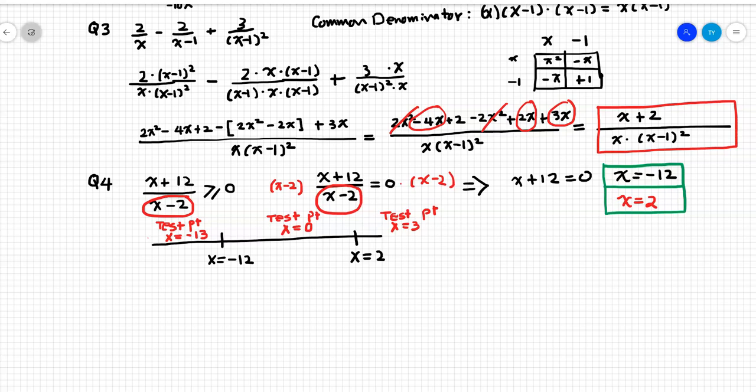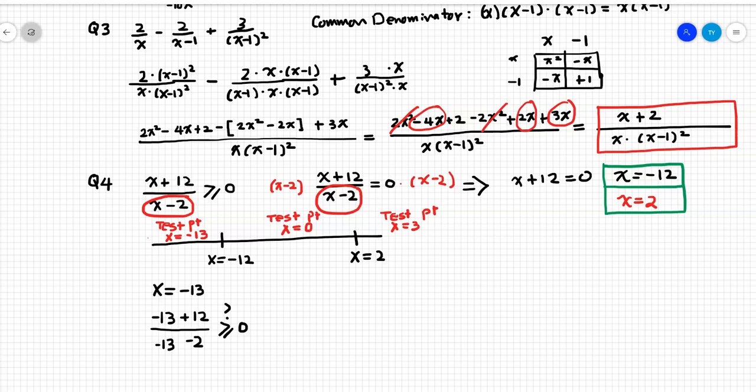So let's try x = -13. Plugging in, (-13 + 12) / (-13 - 2): is this greater than or equal to 0? On top you get -1 and on the bottom -15, so -1 over -15 is 1/15, which is greater than 0.